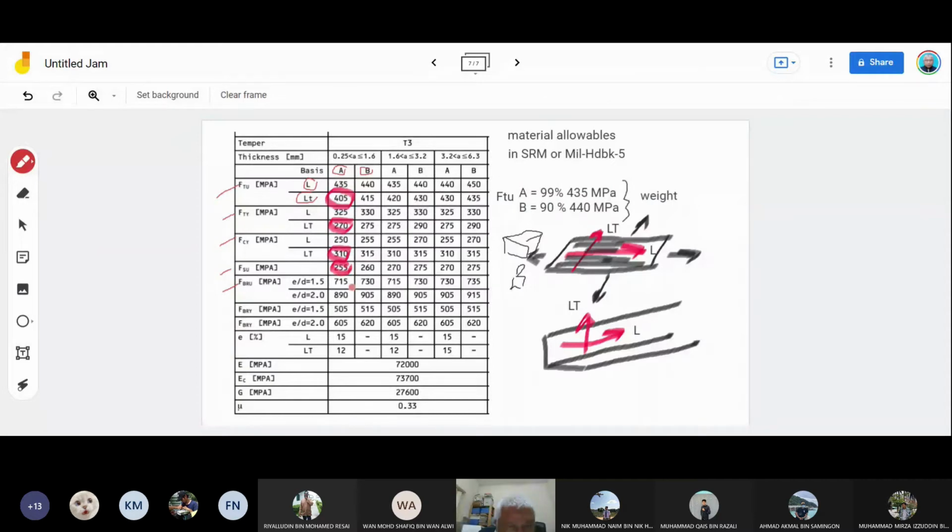And then we use 255. Here, conservative, we consider 715 because you consider not enough 2D. And here we use 505 and 605. And for the strain, we use this value. So that's not rule of thumb. This is not mandatory.